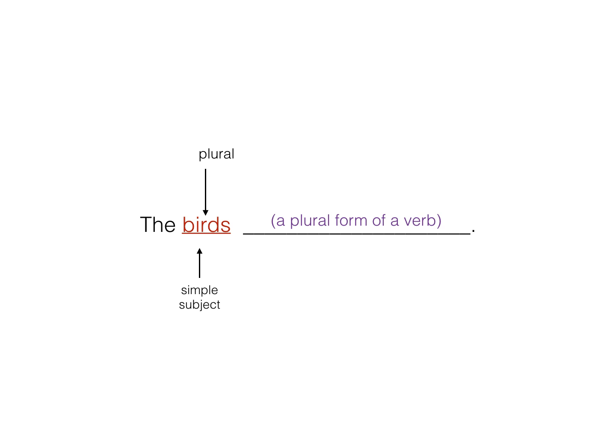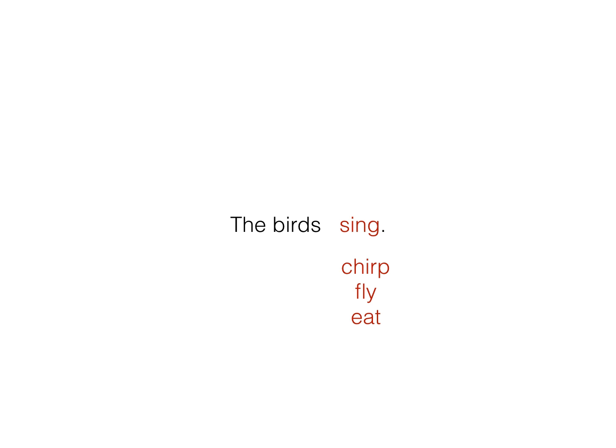A plural form of a verb. Why? Because we have more than one subject, right? So here are some examples of the verbs that we can use to complete the sentence. We have sing, chirp, fly, eat. So if we put them together, it says the birds sing.